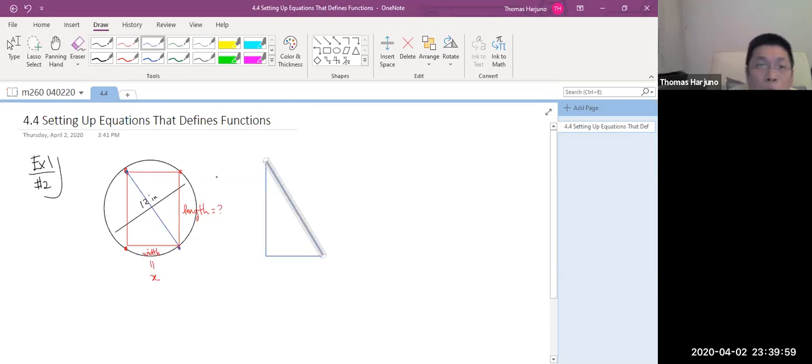Now suppose this is the width, which is x. This is the length. This is 12.